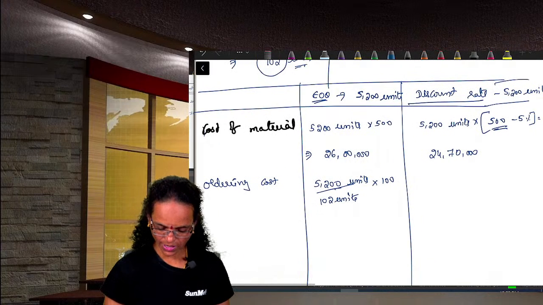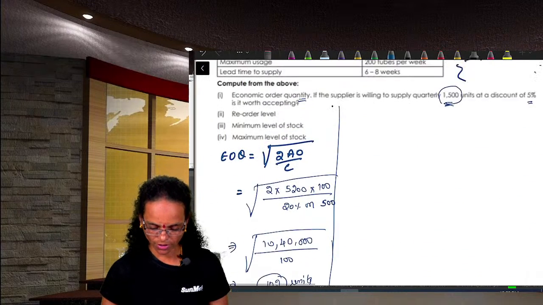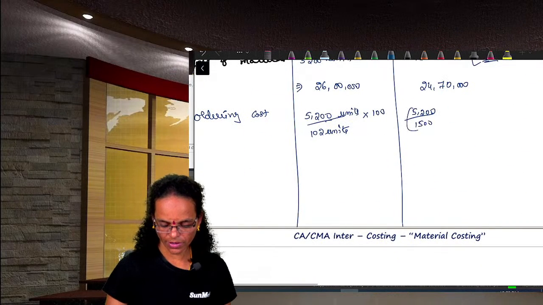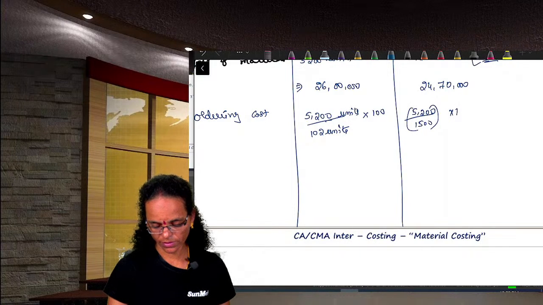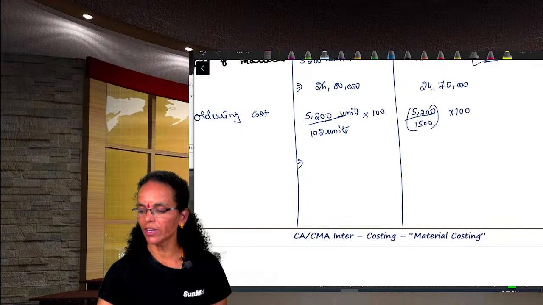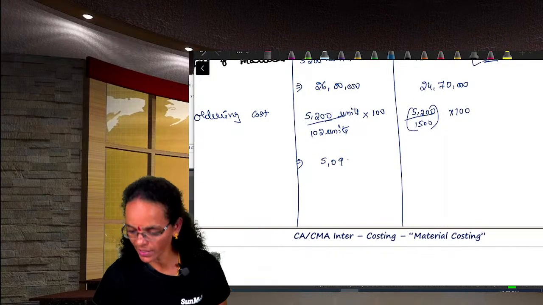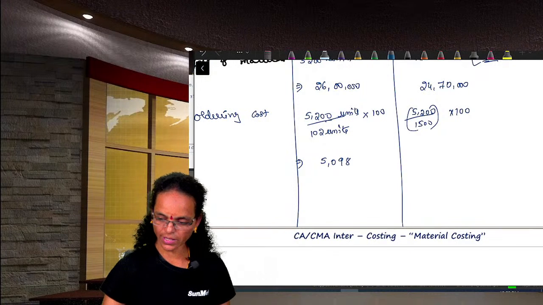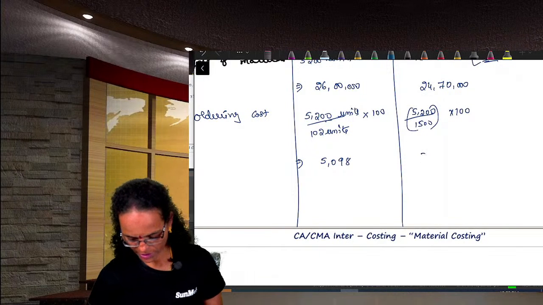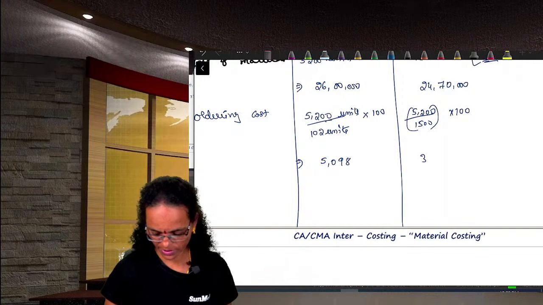Next one, 5200 units we require, but we are placing an order for 1500 units in a single go, into per order cost 100 rupees. 5200 divided by 102 into 100 is 5098 rupees. This side, 5200 divided by 1500 into 100, this is 346 rupees, or 347 we can write, rounding up.